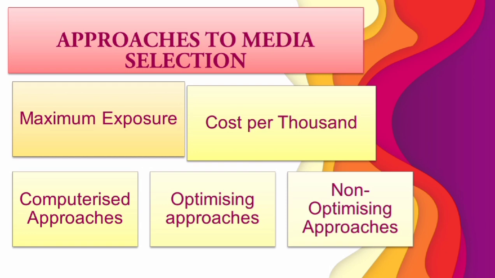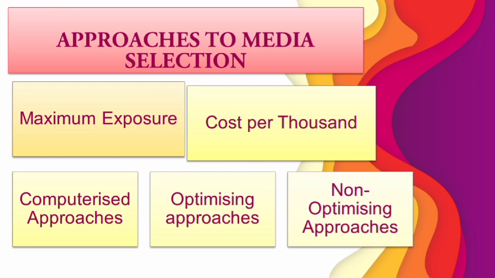Now, let us see one by one. First, maximum exposure. The maximization of the number of exposures is an accepted approach to media selection. Media which reach the maximum number of people for a particular product are usually selected by advertisers.